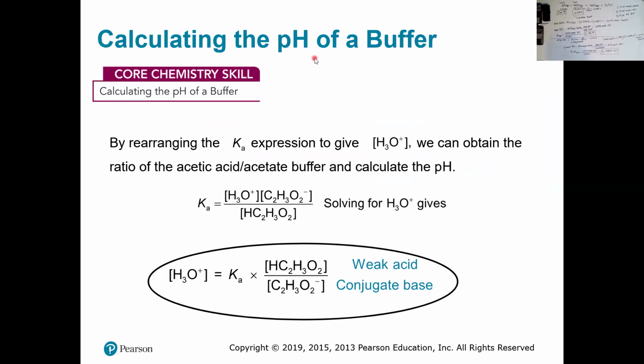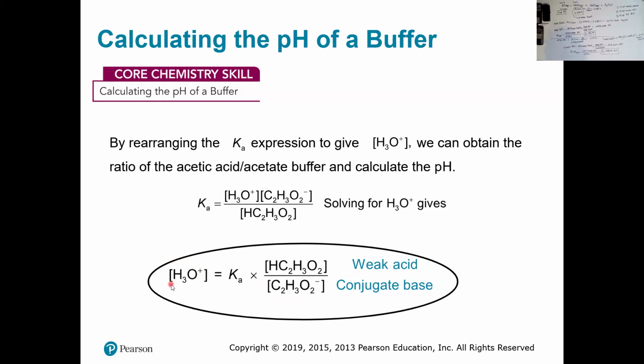Now, if you want to calculate the pH of a buffer, you have to know a few pieces of information. You have to know the acid dissociation constant of the weak acid that's part of your buffer. And you have to know the concentration of the weak acid and the conjugate base that you're starting with. With those pieces of information, you can find the H3O plus concentration.